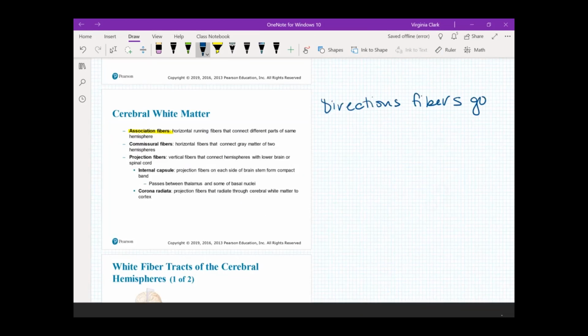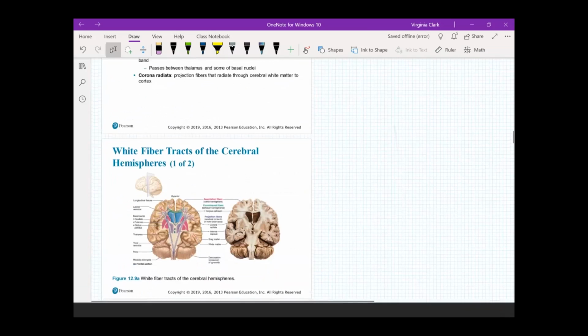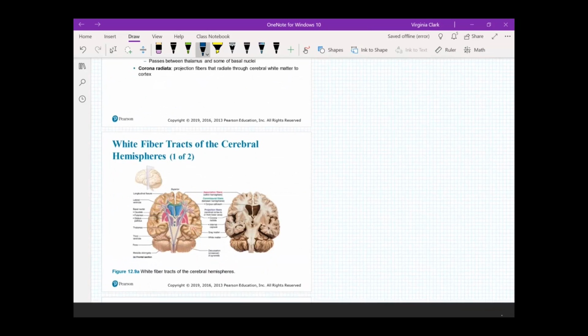They can either go same hemisphere, they're just going to different parts. This is the association. So if we come down here, our association fibers are this guy. So it's here, and then it's connecting to here. And then it can connect here and connect here. So that is the same hemisphere. All of that is happening on the left side.